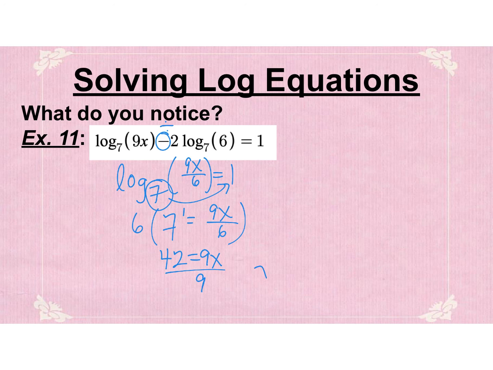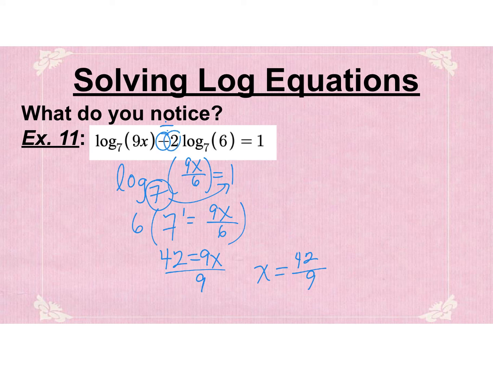Divide by 9, and x equals 42 ninths. Did I do something wrong? Hold on one second. Nope, I think I'm good. 42 ninths. 9 divided by 6.